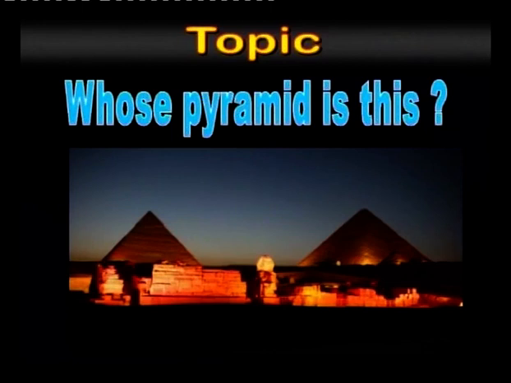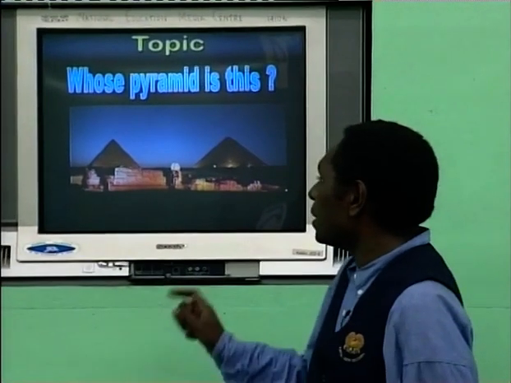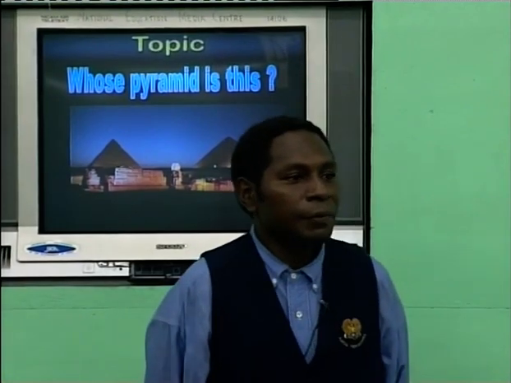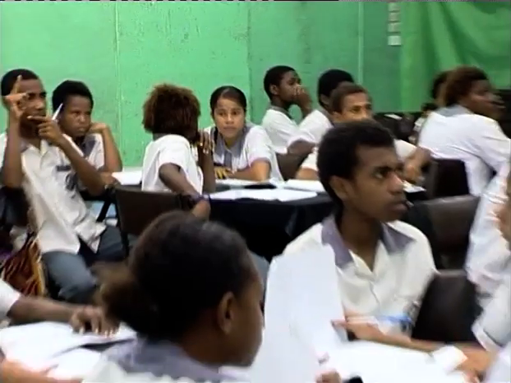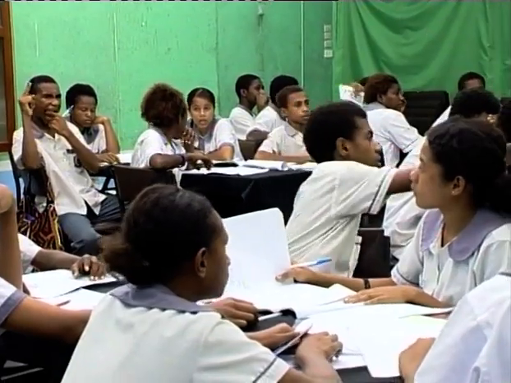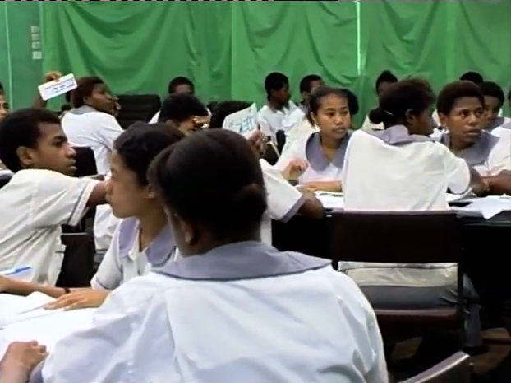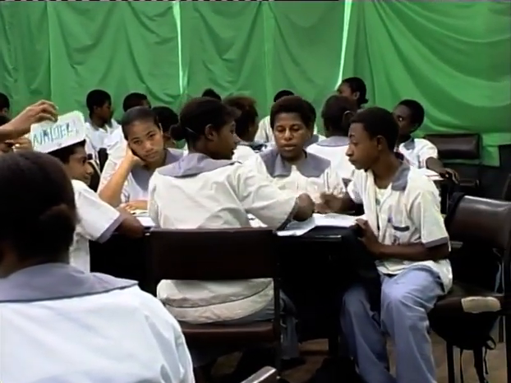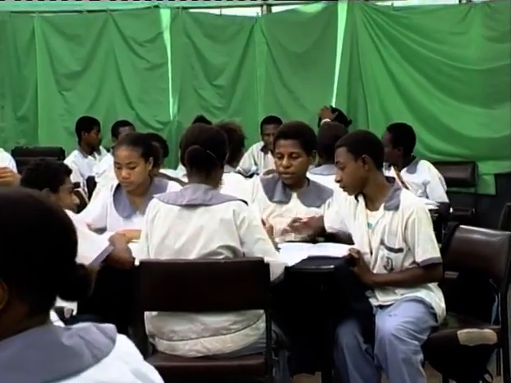And in our lesson today, we are going to be looking at something similar to that. Now, if you have been listening to and seen some stories, where would you find this pyramid? Ruthie? Egypt. The pyramid is found in Egypt.